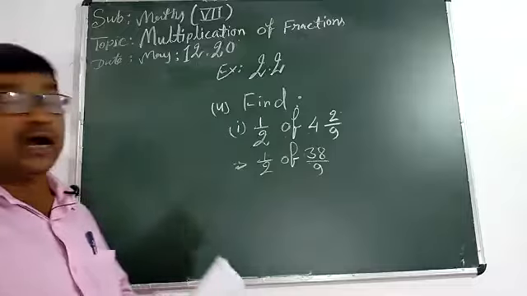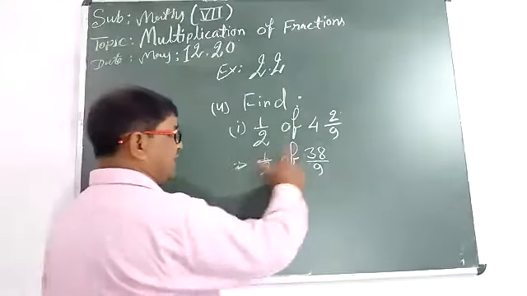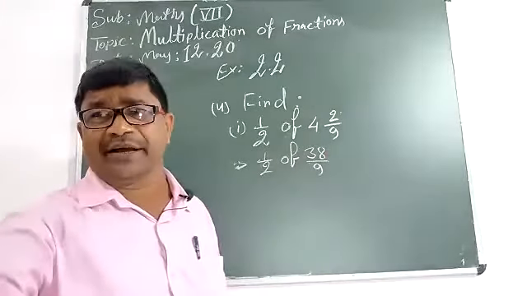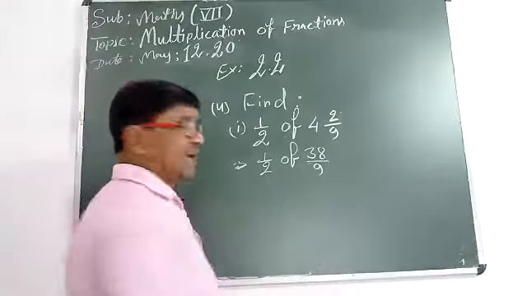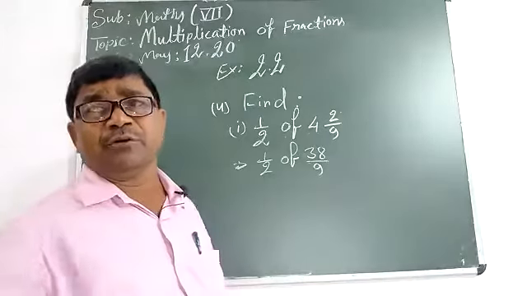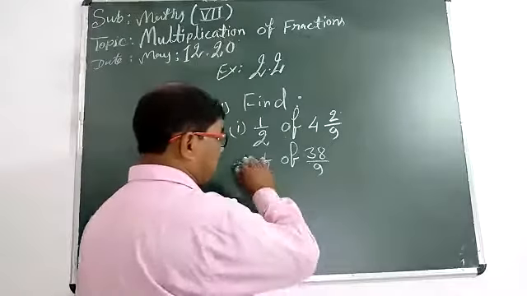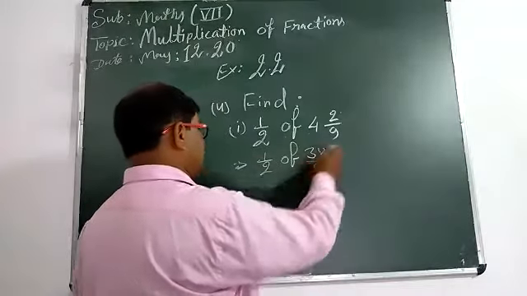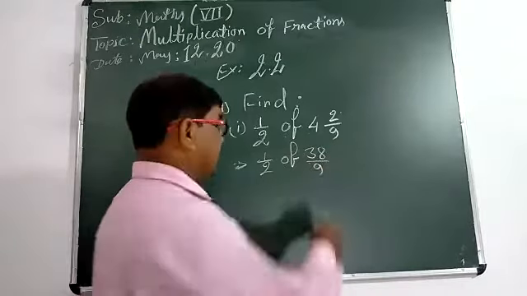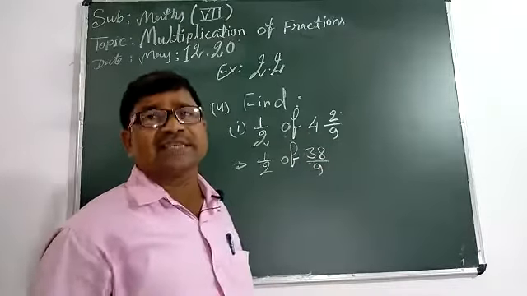Now, you should mind 1 and 38, they are the numerator, and 2 and 9, they are the denominator. Select the common divisor between 2 and 38, between 9 and 38.